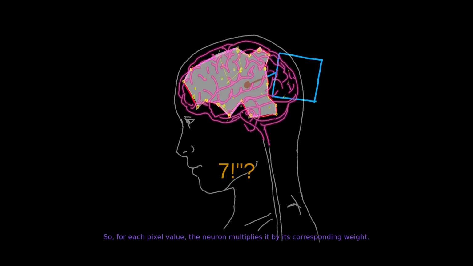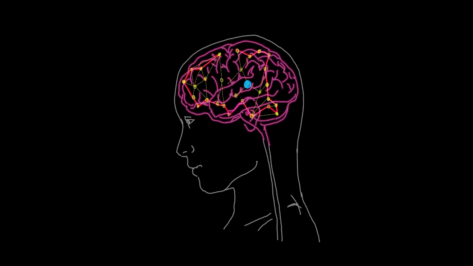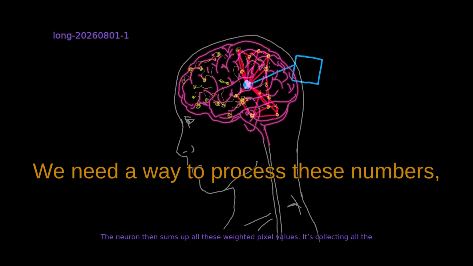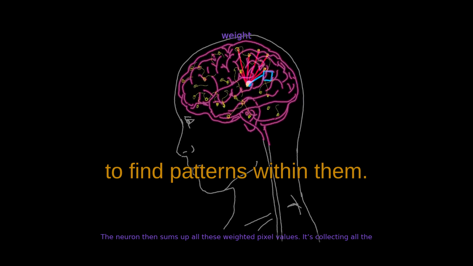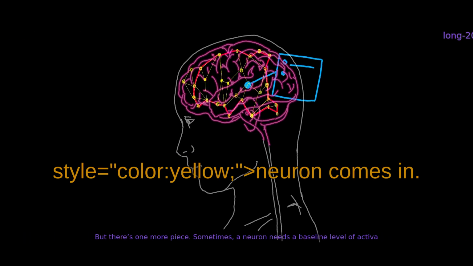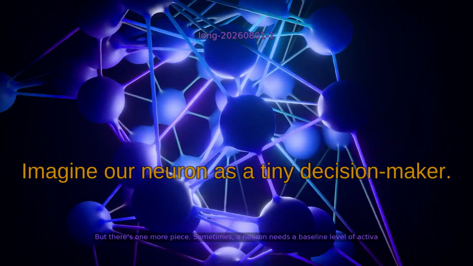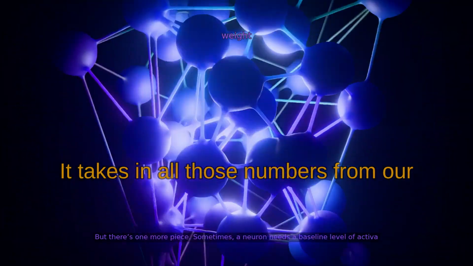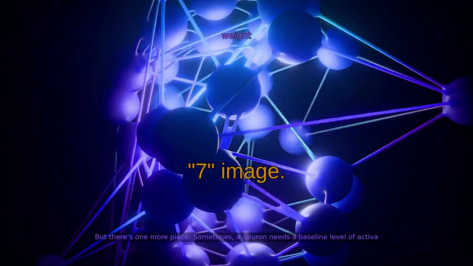Now, how do we get from this grid of numbers to the confident declaration, that's a 7? We need a way to process these numbers, to find patterns within them. This is where the concept of a neuron comes in. Imagine our neuron as a tiny decision maker.